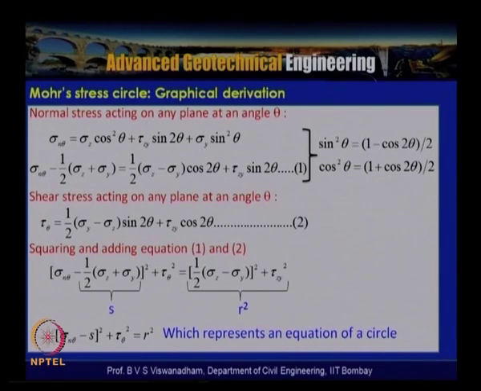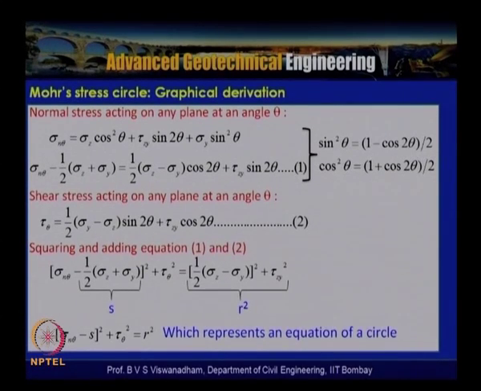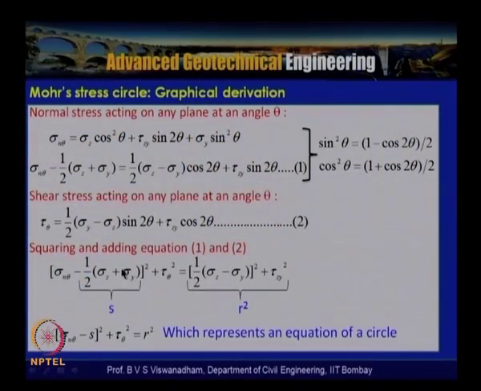So squaring and adding the equations, this is actually one form of deriving, we already reduced this, but this also says that the equation is reduced to the form of the equation of a circle, where (sigma n theta minus s) whole square plus tau theta square is equal to r square, and this represents the equation of a circle. So sigma n theta minus s, that is this one, plus tau theta square is equal to r square. This is nothing but the radius term.